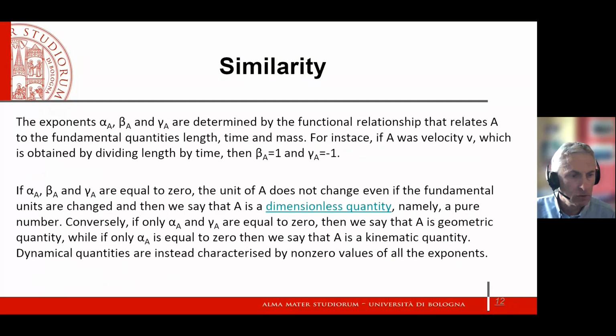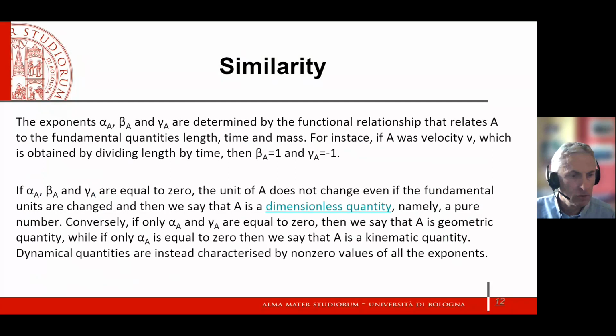Now, if all the three exponents, alpha A, beta A, and gamma A, are equal to 0, the unit of A does not change, even if the fundamental units are changed. And then we say that A is a dimensionless quantity. It's a pure number. If only alpha A and gamma A are equal to 0, then we say that A is a geometric quantity.